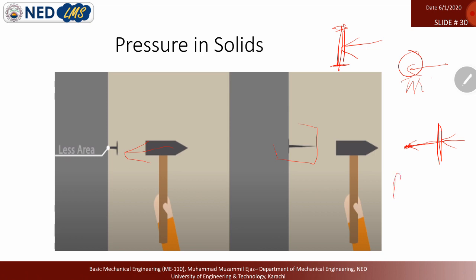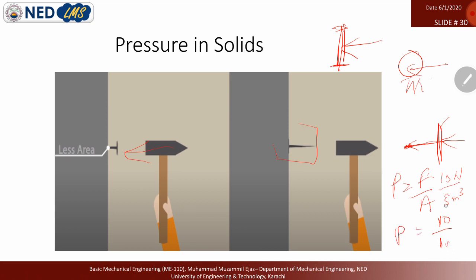By definition, pressure is force upon area. In the first condition, at this end the force is, let's suppose, 10 Newton, and the area, we can take an example, 5 meter square. But on the sharp end, the force is constant at 10, because in metal the force is transferred in exactly the same quantity, but the area becomes 1 meter square.